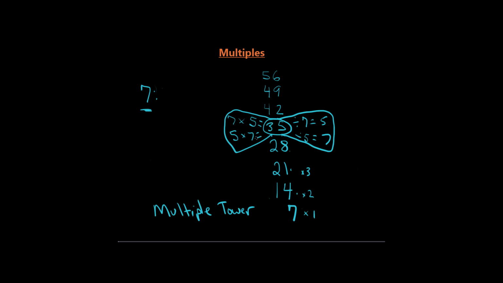So 7, 35, and 5. So it's just another way to practice your multiplication facts. So the first 5 would go from 7 to 35. So our answer for what are the first 5 multiples of 7, and you have to start with that number, so you count the number, 7, 14, 21, 28, and 35.